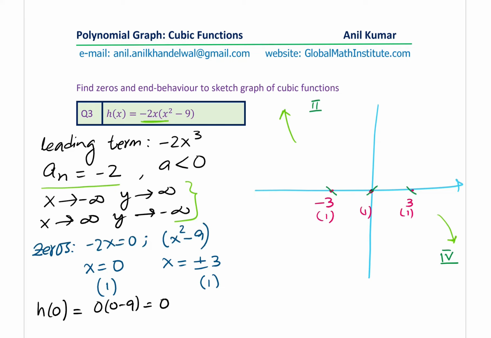Let's connect these points and sketch the graph. Let me use a different color. Okay, so the graph could be kind of like this. Do you see that? So that will be the cubic function which can represent the given equation. Is that clear to you?